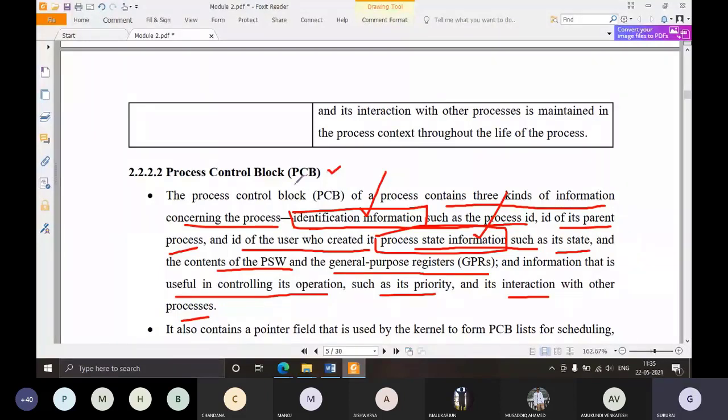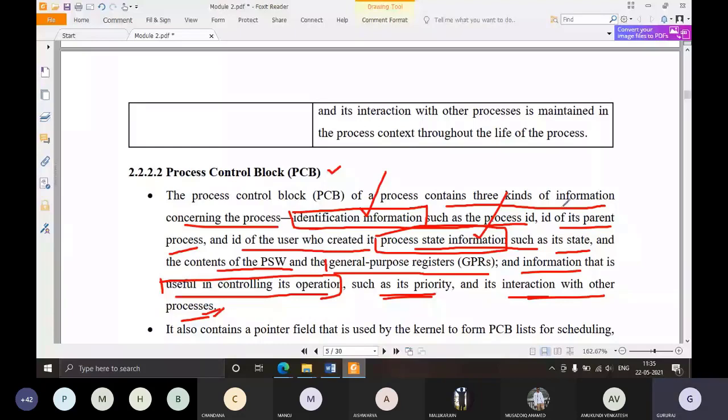The third information the PCB contains is that used for controlling its operation, such as priority and its interaction with other processes. One process can communicate with another process for some data exchange, and that is the communication or interaction.